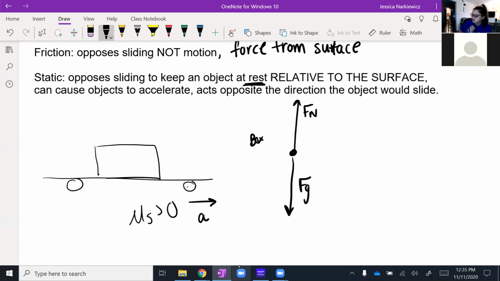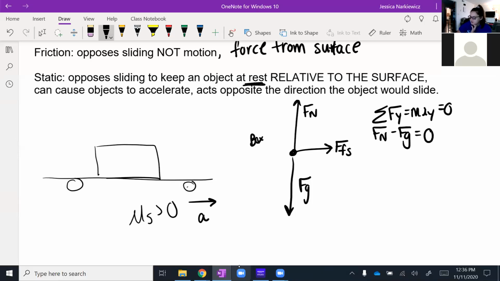So that means friction needs to act to the right. So my net force equations, and there's no other forces acting on it. There's not like an applied force on the box or anything. There's just friction. So my net force in the y direction still tells me that my normal force is equal to the force of gravity.